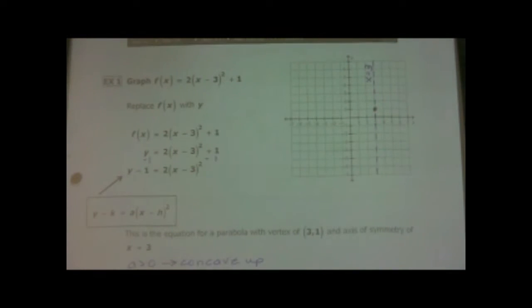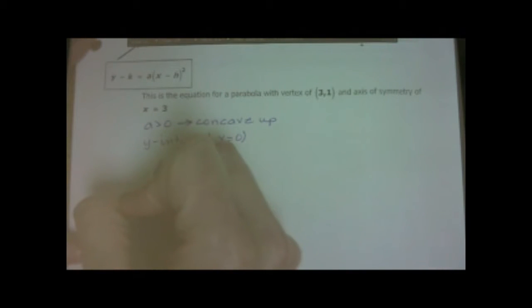And the next thing I want to do is find my intercepts. First of all, I'm going to find my y-intercept. And the way that we do that is set x equal to 0. So here's what I'm going to have: y minus 1 equals 2 times 0 minus 3 quantity squared.